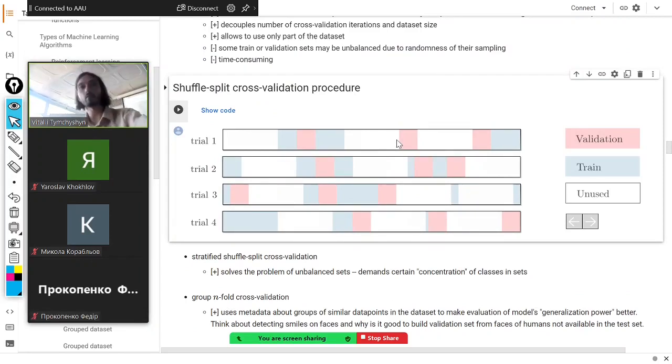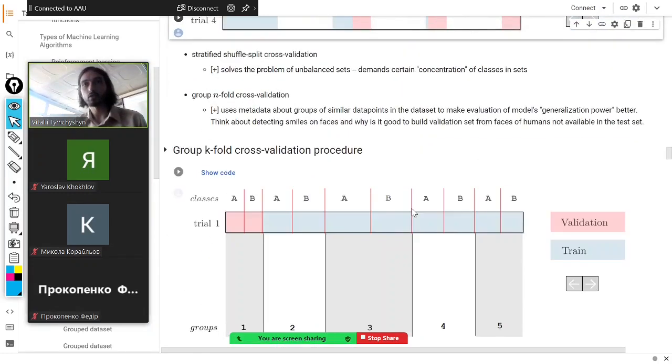I can do any number of trials, that would be okay. These parameters are decoupled. This is of course a plus, because sometimes I want to make a small validation set, but I don't want to do that validation, for example, 100 times. So maybe that's the case.